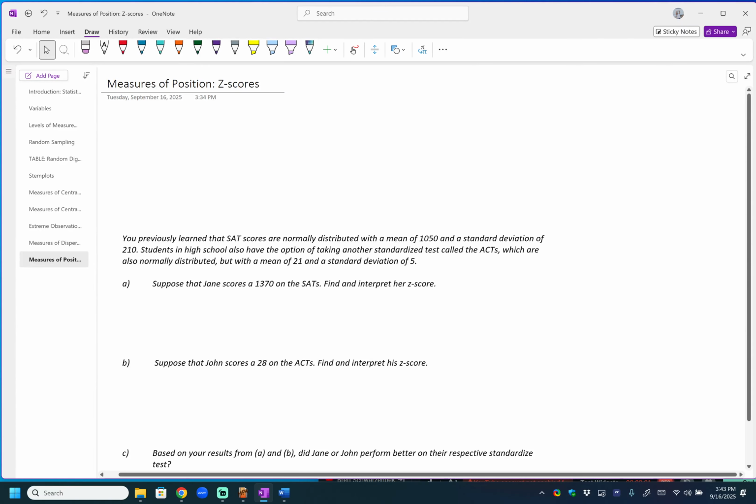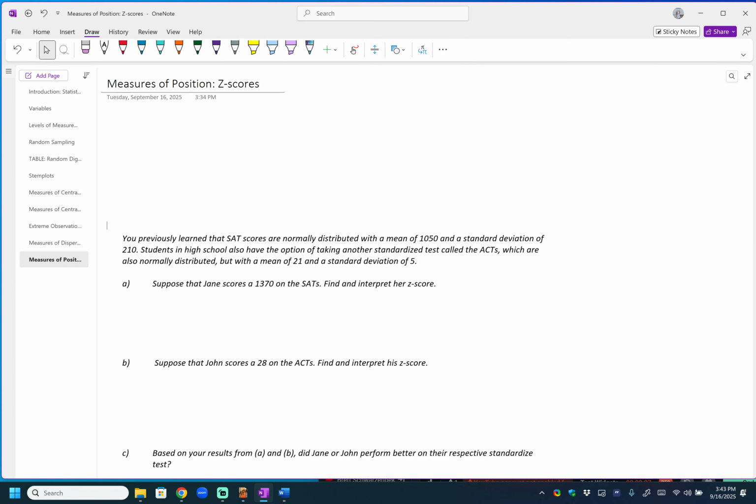Yet another application of standard deviation is a measure of position called a z-score. As a matter of fact, by definition, a z-score is the number of standard deviations from the mean.